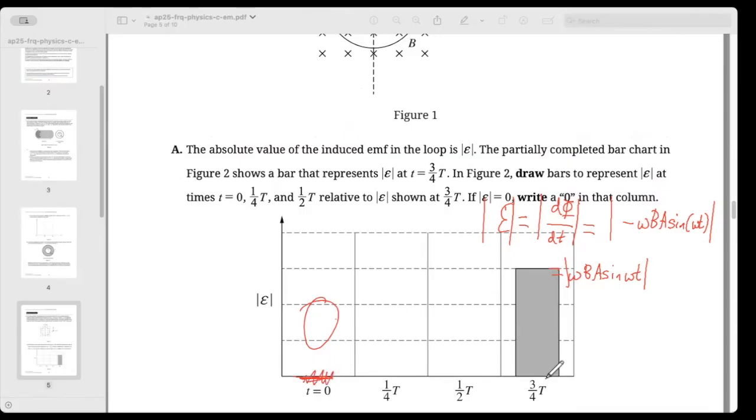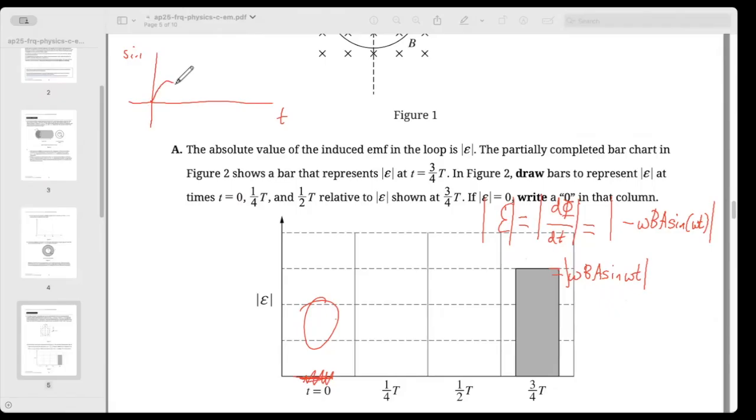All right. So let's see. Relative to E shown at 3/4 t. So at 3/4 of your period, you've got this much, which means that, okay, let me just draw a graph of what sine as a function of t should look like.